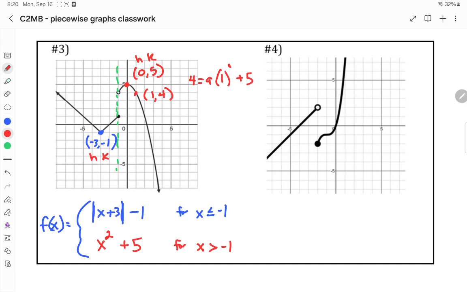And if I solve that out, that would pretty quickly get me, this is plugging in 1 for x, 4 for y, 0 for h, 5 for k, and solving for a. That's going to get me an a value of -1. So don't forget negative in front there. All right, let's keep it rolling.